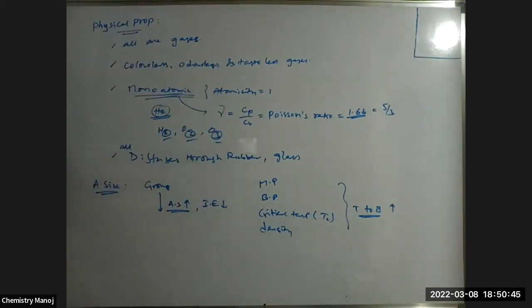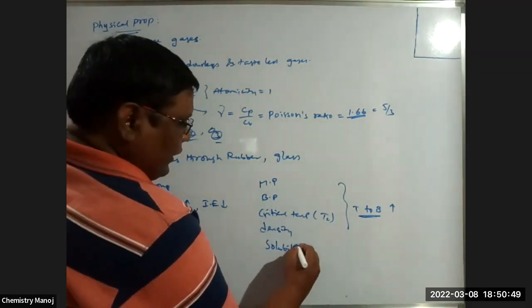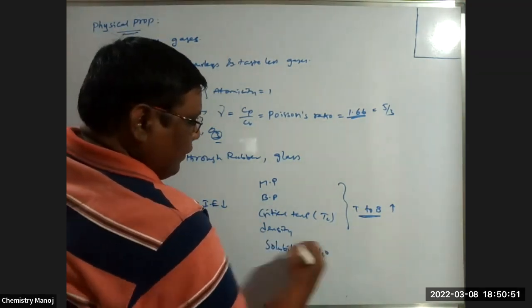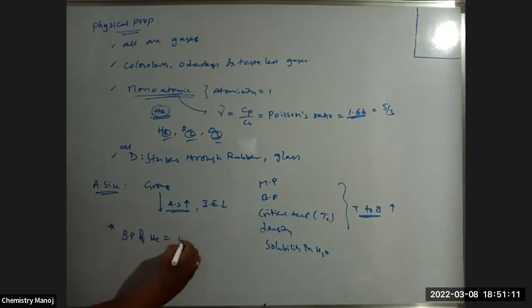Solubility in water also increases from top to bottom. Now, boiling point is a special case. The boiling point of helium is 4.2 Kelvin.